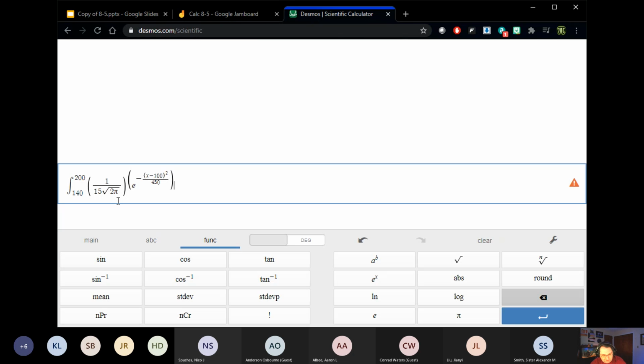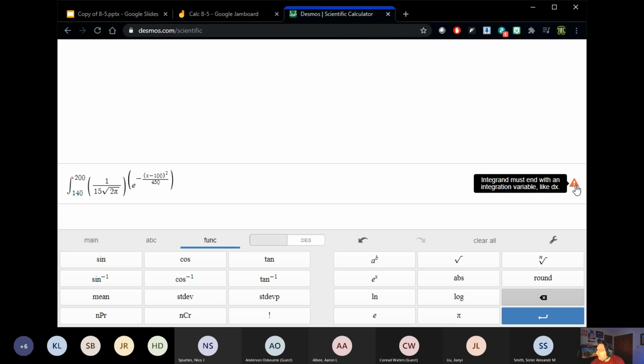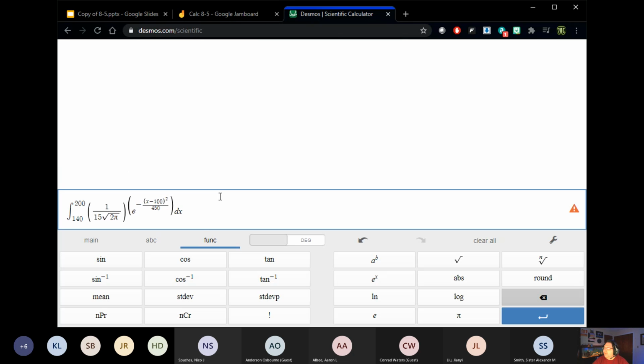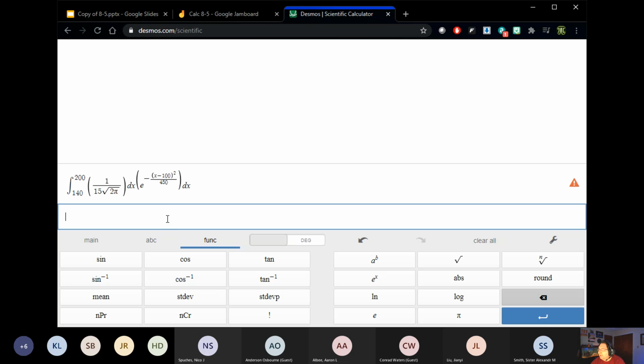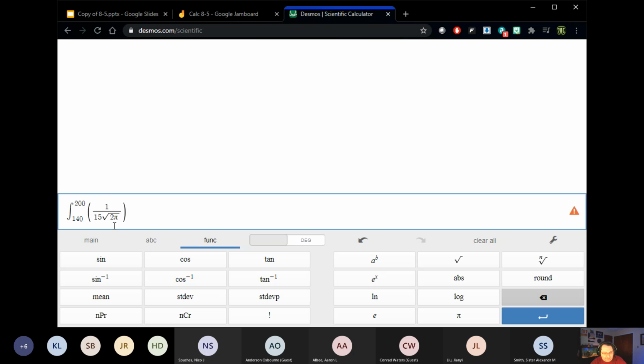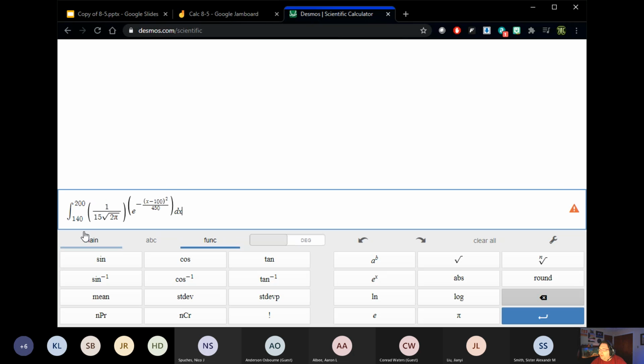It did. All right. I don't know why it's not letting me do it. I will have to play with it a little more to figure out exactly how to type this in. But apparently Desmos actually does do it. I just have to make sure I type it in correctly.